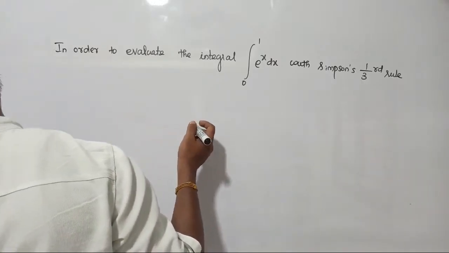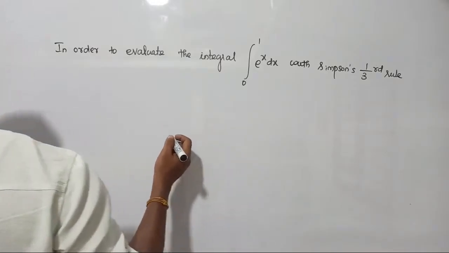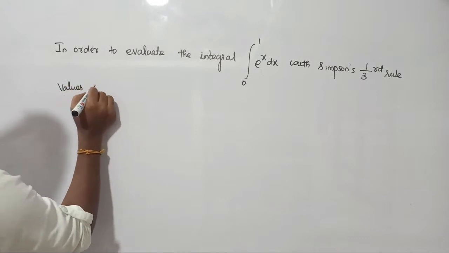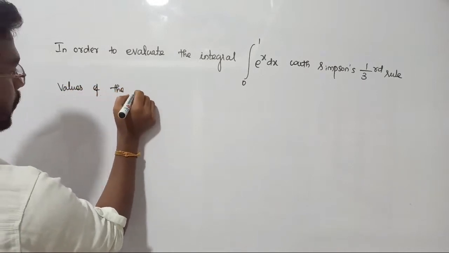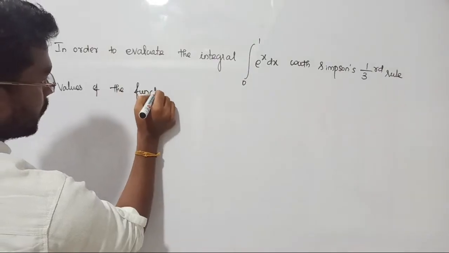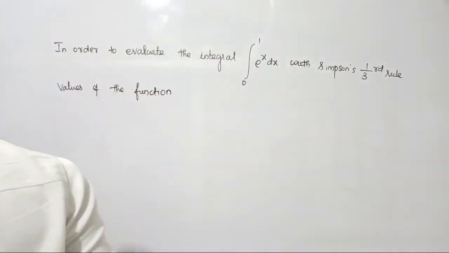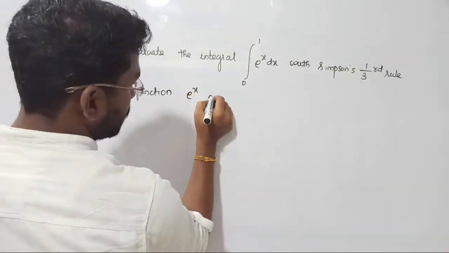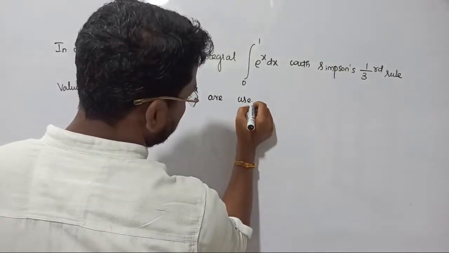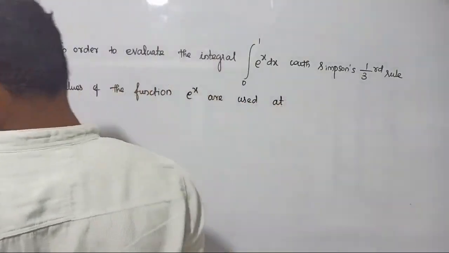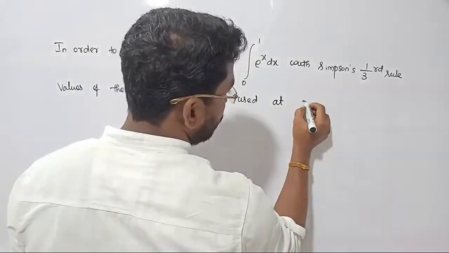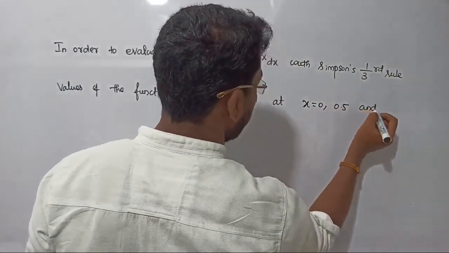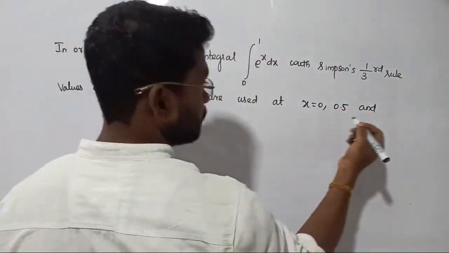Simpson 1/3 rule. Values of the function e power x are used at x equal to 0, 0.5 and 1.